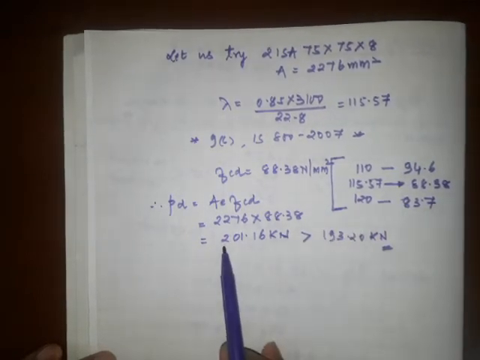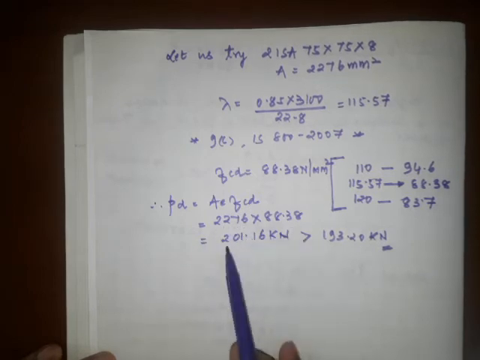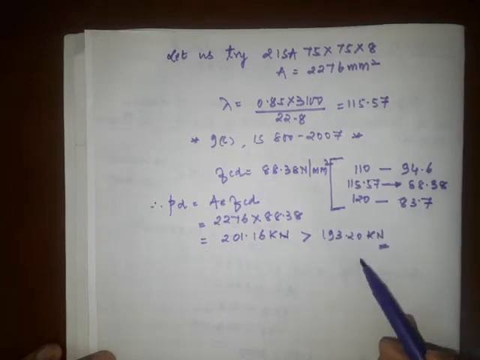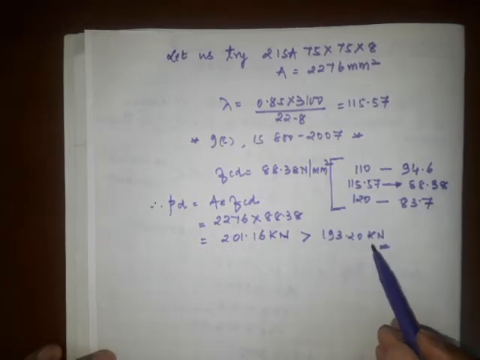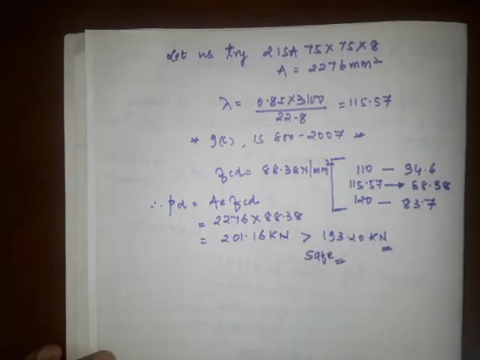It means the load carrying capacity of the member is 201.16 and the load applied over the member is 193.2, so it is safe. The member you have selected is safe.